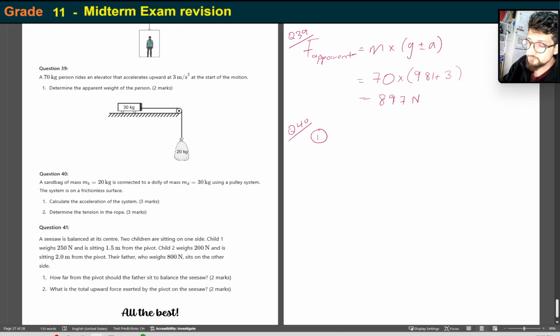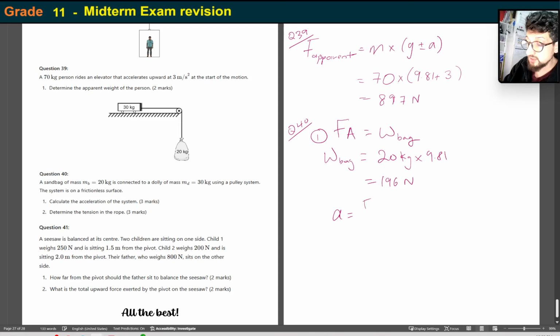So the applied force is going to be the weight of the bag, which is 20 kilograms multiplied by 9.81, approximately 196 newtons.